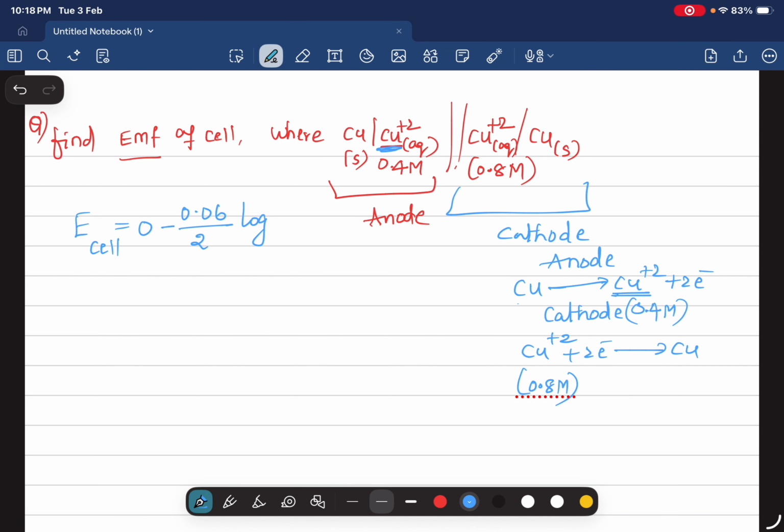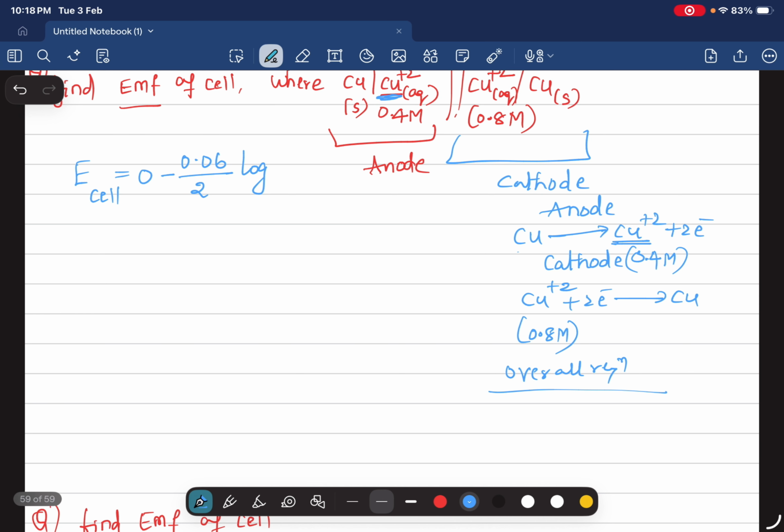If we add these two reactions, the overall reaction is just Cu2+ converted into Cu2+. The concentration at the cathode is 0.8 M and at the anode is 0.4 M, because this is the anodic ion and this is the cathodic ion.